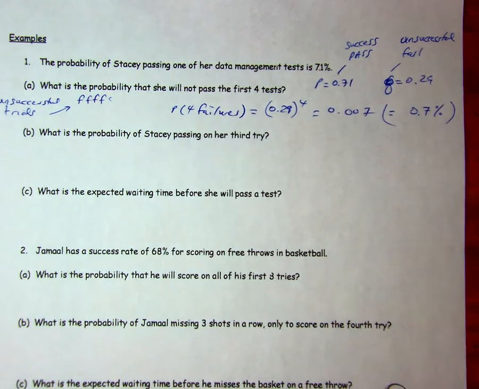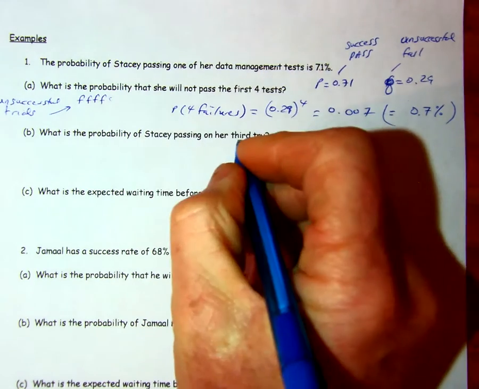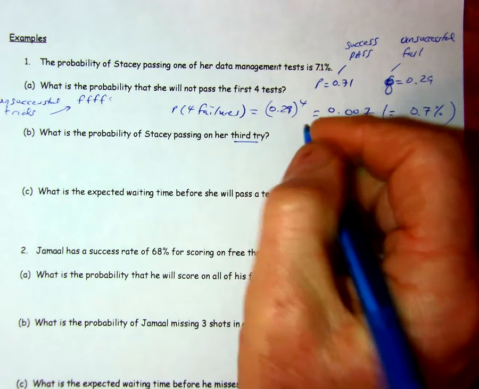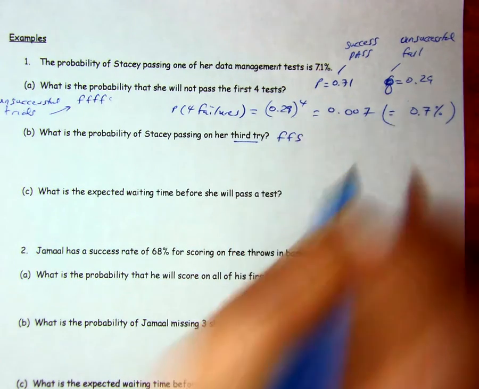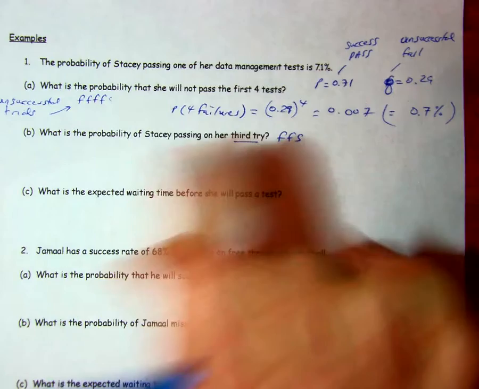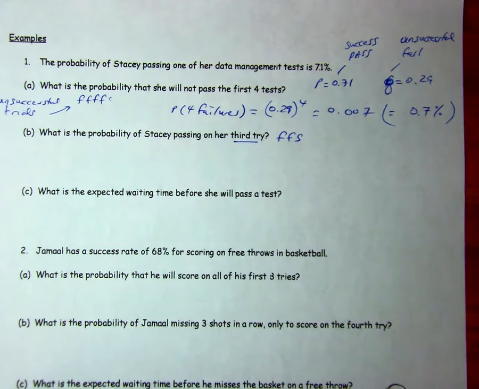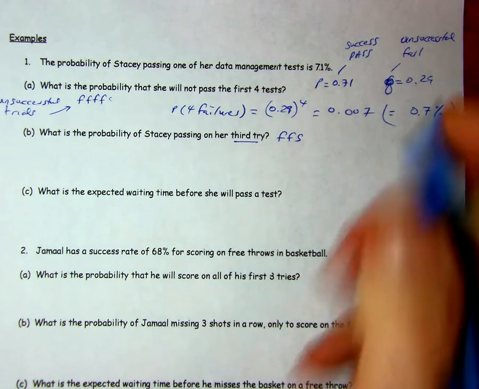All right. What is the probability of Stacy passing on her 3rd try? So here she actually is going to pass. This is going to be fail, fail, success. Remember, what is the variable for a geometric series?